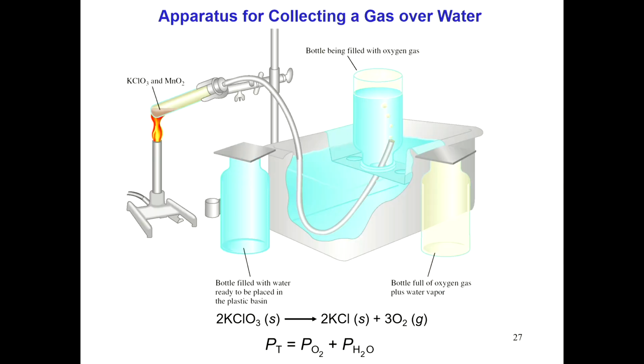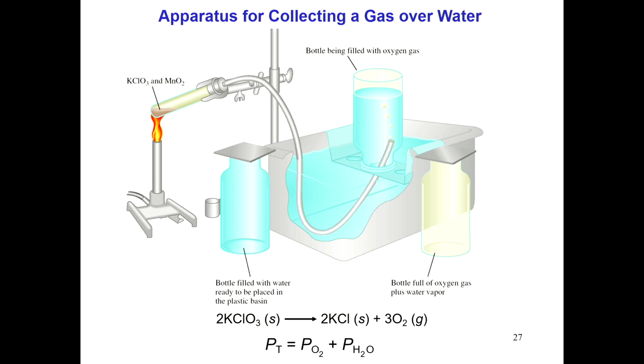Okay, this picture shows us how to calculate the gas from the experiment. We know that when we heat this solid, it will release oxygen gas. So we heat here, and it will produce oxygen gas.